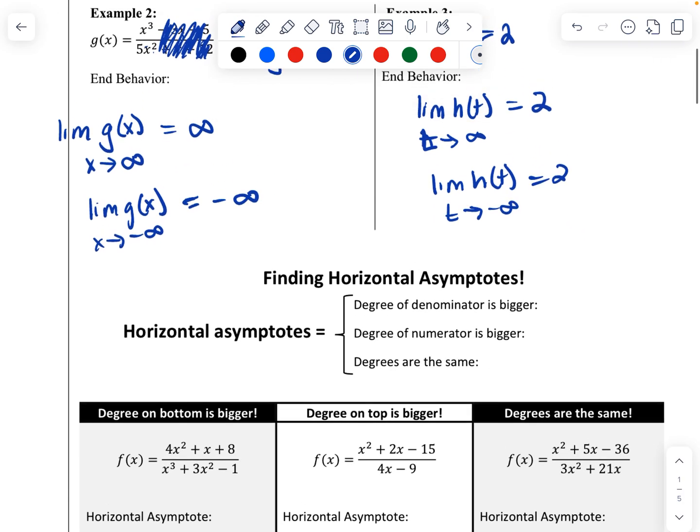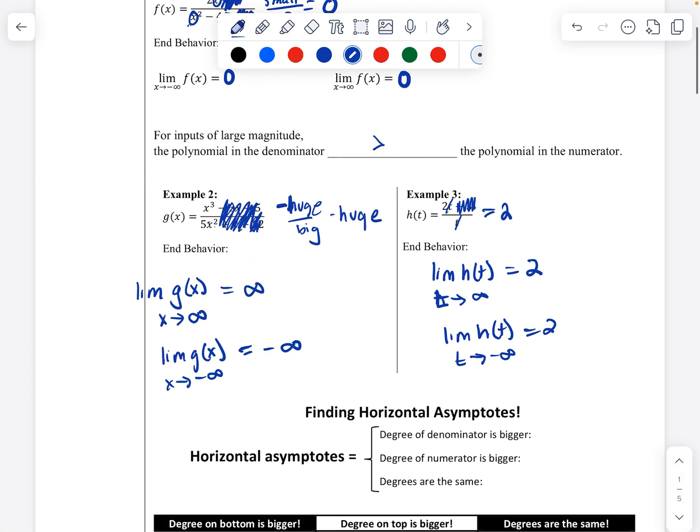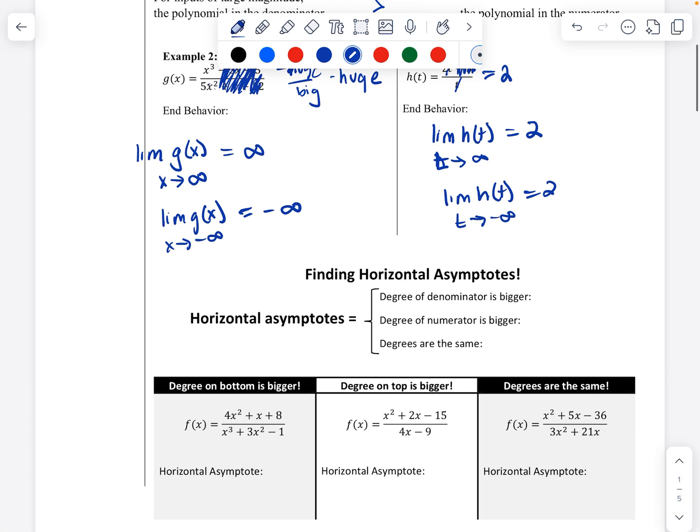So horizontal asymptotes. We have to look and see whether it could go to infinity or negative infinity, because we have a bigger number divided by a big number. If the degree of the, oh, excuse me, I read this wrong. If the degree of the denominator is bigger, that's like a big number over a bigger number, so it's going to go to 0.